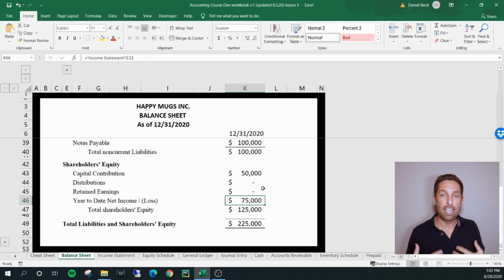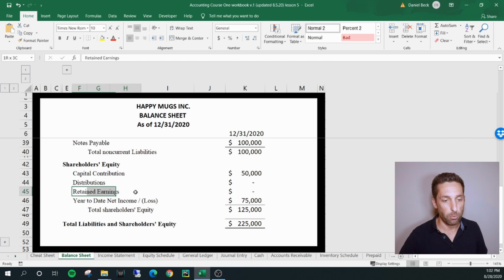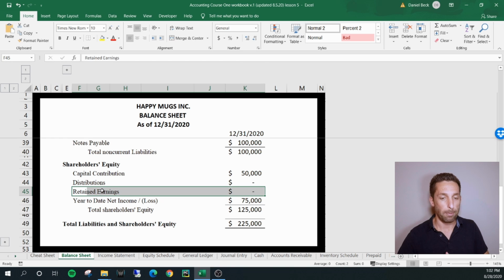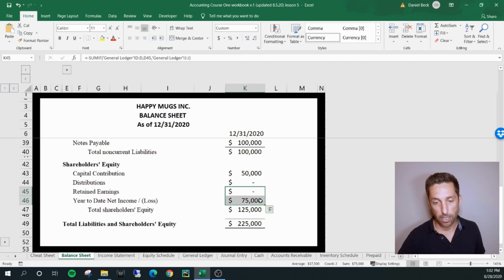So we have additional equity, our retained earnings. This is also retained earnings, but this is just split out. The way I've split it out is this is retained earnings that would be related to prior years, and then this would be your current year retained earnings. But essentially, both of these together would make up your retained earnings. So our retained earnings in this company is $75,000.